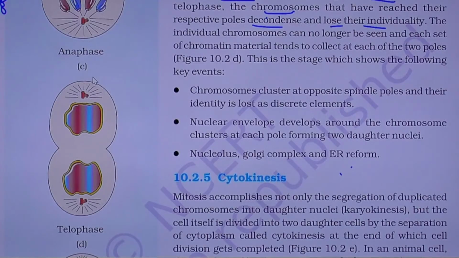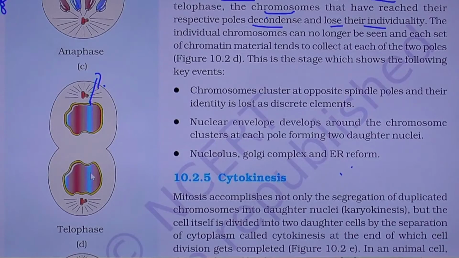Individual chromosomes can no longer be seen and form chromatin material. Each pole will have chromosomes present. So here it is the stage, and it also has some key events.